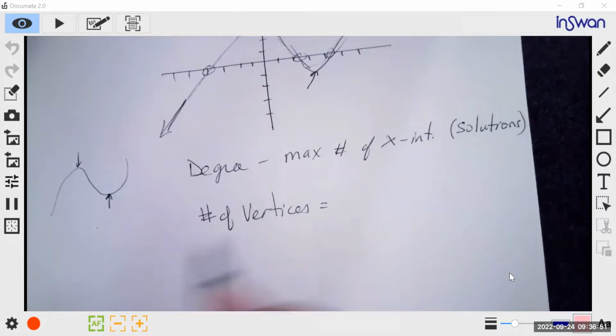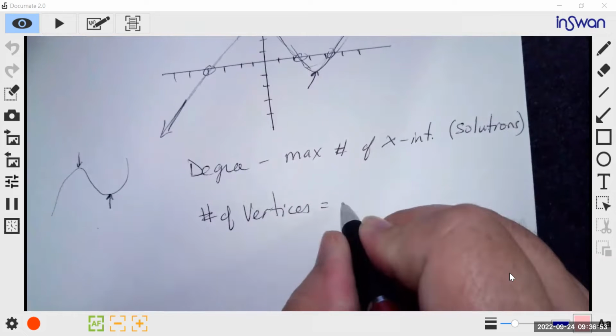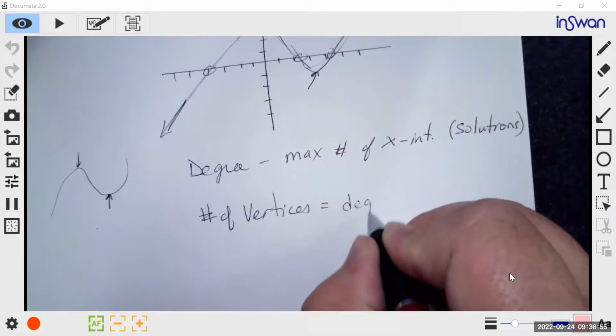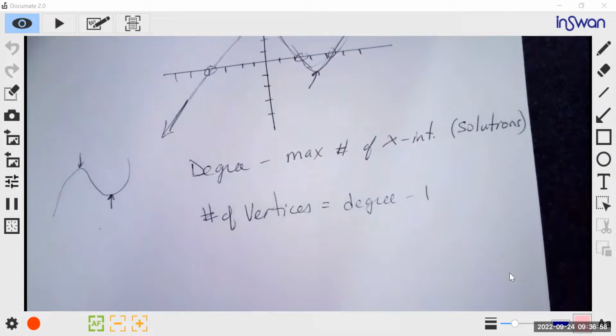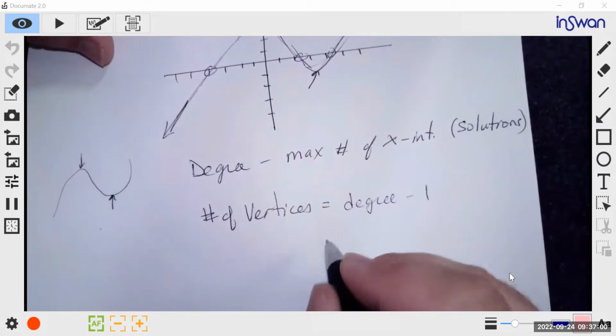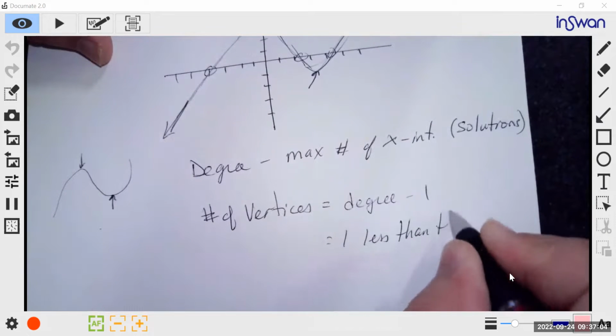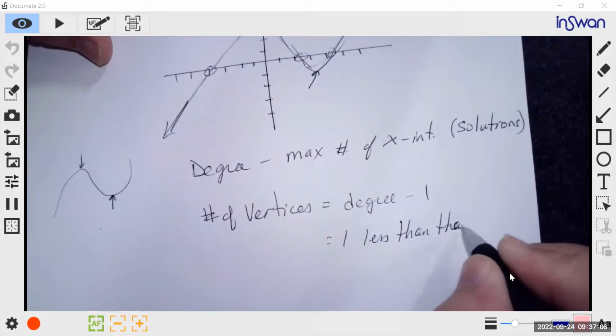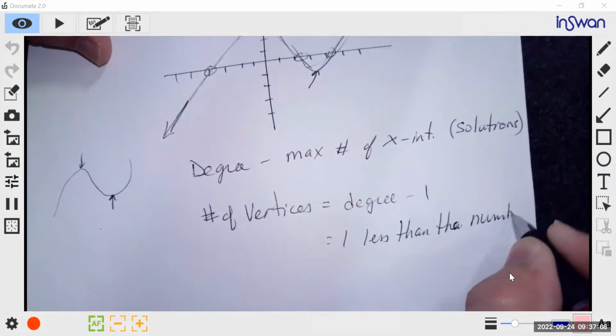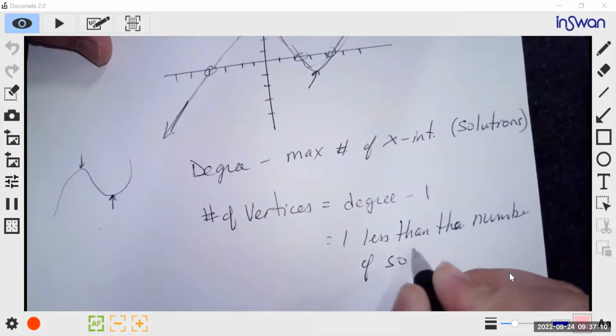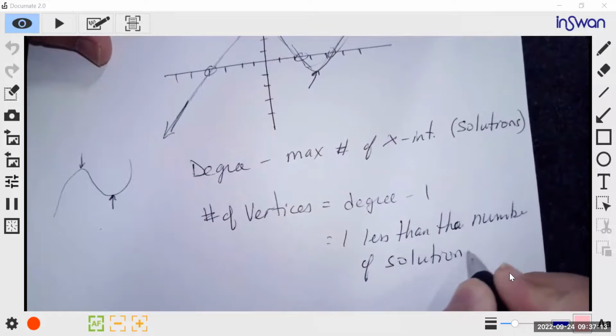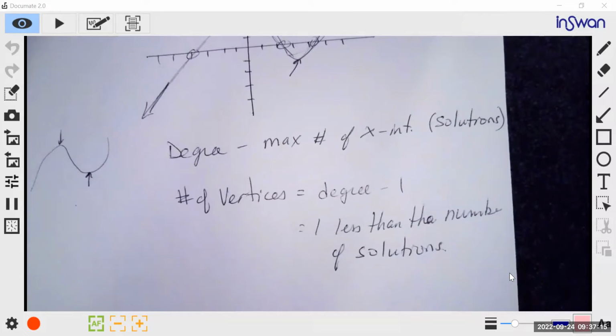So the number of vertices will usually be 1 less than the degree, or 1 less than the number of solutions. It's typically the degree minus 1.